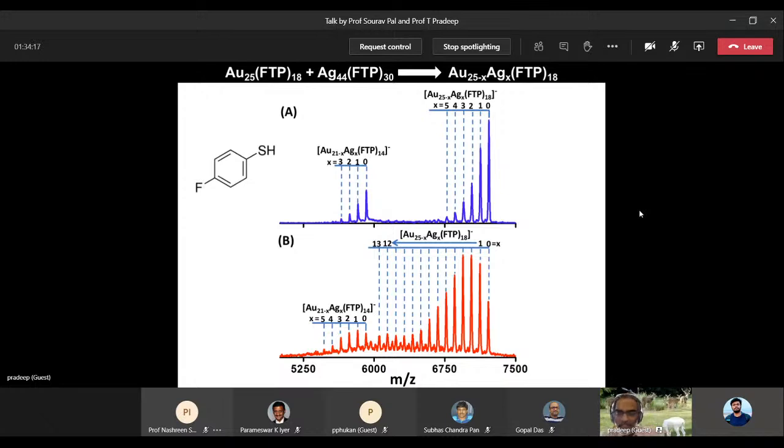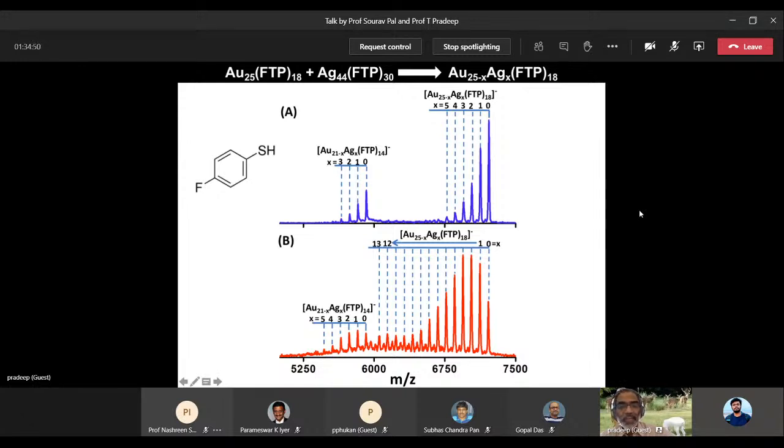At that point in time, I did not have an electrospray mass spectrometer to study this in great detail. We were studying this with matrix-assisted laser desorption ionization. In MALDI, when you put this gold 25 protected with another thiol, fluorothiophene, I have a peak which is Au25 FTP18, that is this peak.